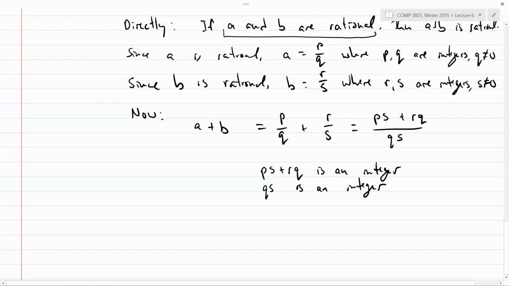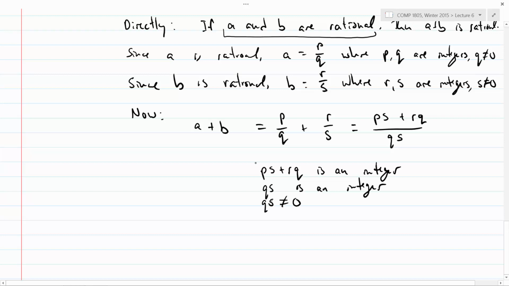There's one other thing I have to check: that QS does not equal 0. QS is not equal to 0 because neither Q nor S is 0. The only way a product can be 0 is if one of the things you're multiplying is 0. And I know Q and S aren't 0 because I stated that up here. That's why it's always a good idea to write down exactly what you're given.